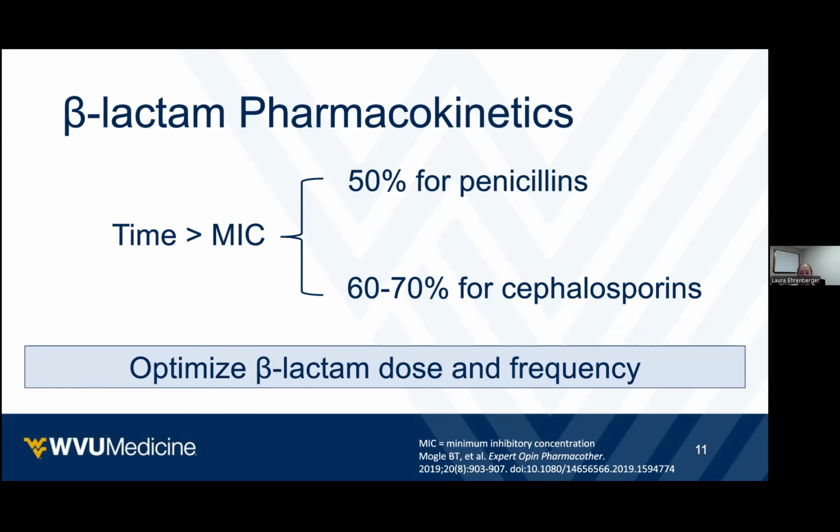For cephalosporins, it's a bit higher at around 60 to 70% as compared to penicillins. For beta-lactam antibiotics in more serious infections, we can definitely optimize the dose and the frequency to make sure that we hit these pharmacokinetic parameters so that the antibiotic will be effective. When I talk about the dosing of different beta-lactams, you'll notice the dose is higher and the frequency is higher to maintain those pharmacokinetic parameters.